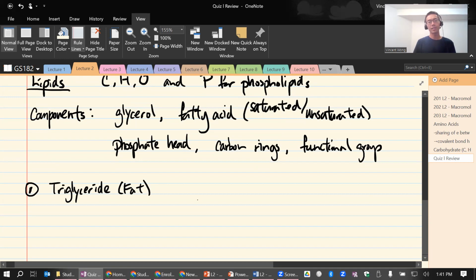Triglyceride is fat, and to build fat, we need to have glycerol plus 3 fatty acids.